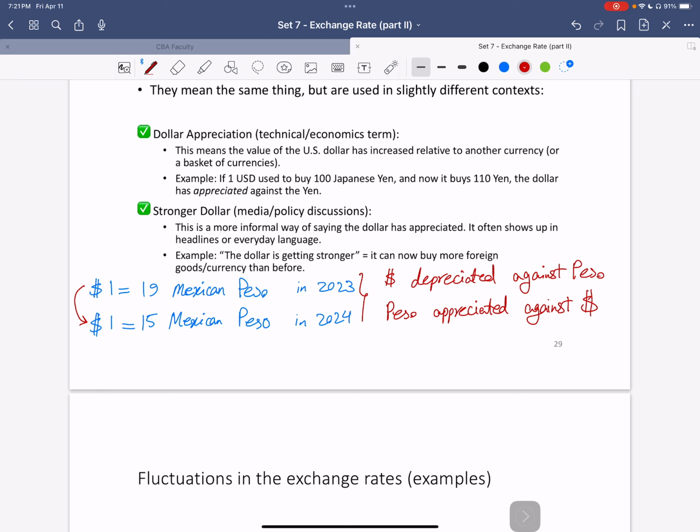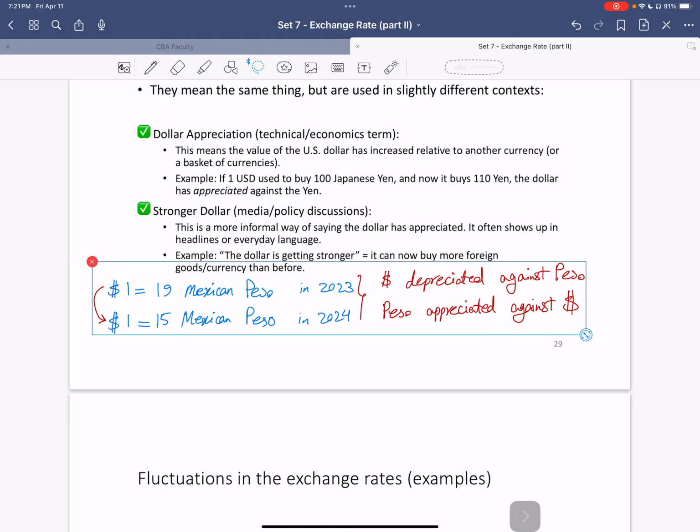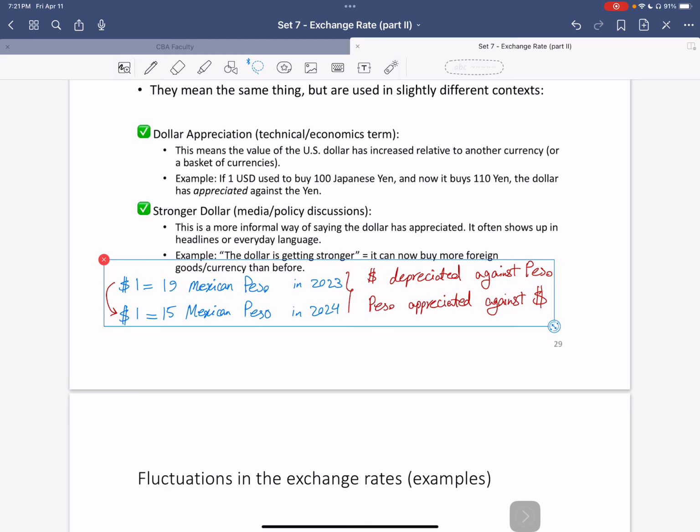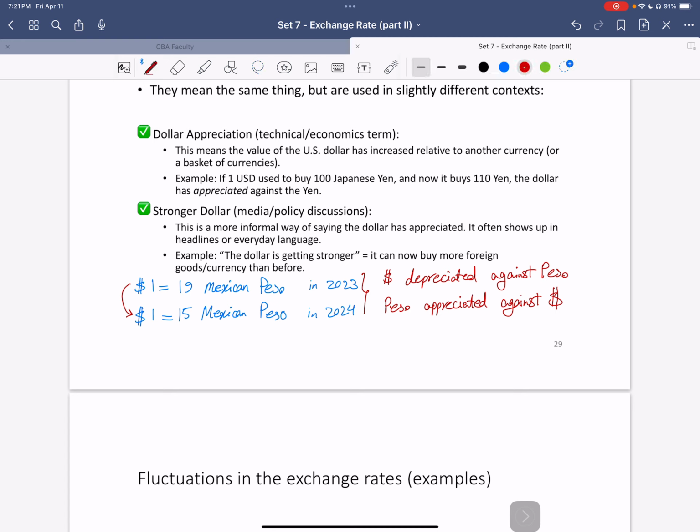Okay. Or you can look at a similar scenario on the market between euro and dollar. So $1 is equal to 0.88 euros. And later it turns into $1 being equal to 0.90 euros.